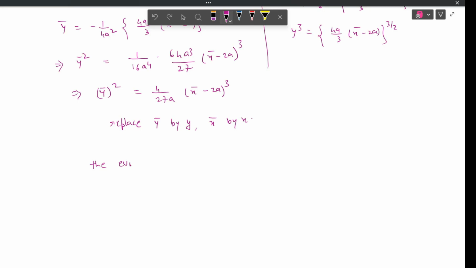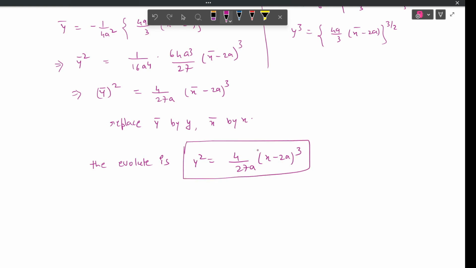So the evolute is y square equals 4 by 27a into x minus 2a whole cube. This is your evolute regarding the parabola y square equals 4x.